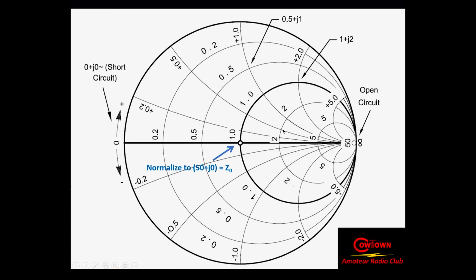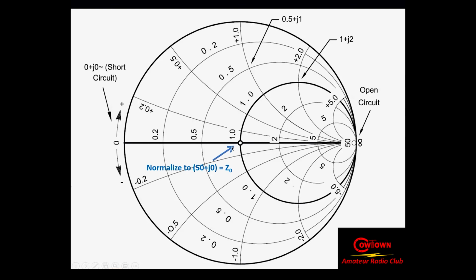These curves off to the side are reactive. On the top side, it's positive reactive, inductive. On the bottom side, it's negative reactive, or capacitive. So the imaginary part is here, and the resistive part, the real part, is here.